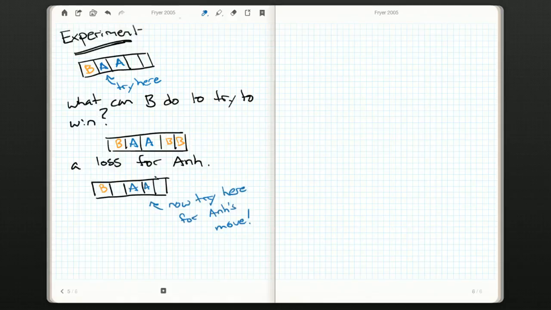So now we'll try there. So, where can the next initial B go? One, two, three, four. I will fill in what we want to say with the black first.